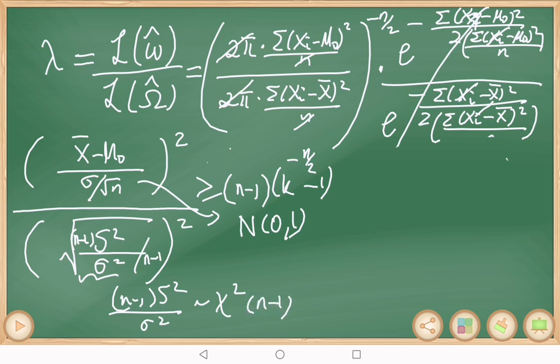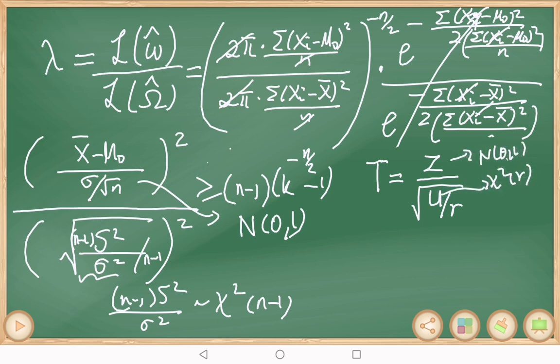And if we recall the t statistic, the following transformation, right? If you have a standard normal random variable and a chi-square random variable with r degrees of freedom, you divide it by the degrees of freedom and take the square root. This transformation will give us the t distribution with n minus 1 degrees of freedom, right?